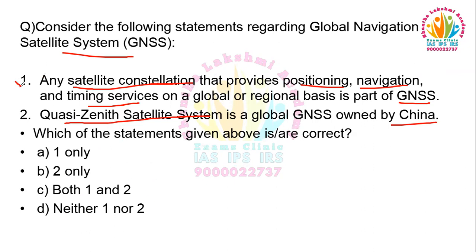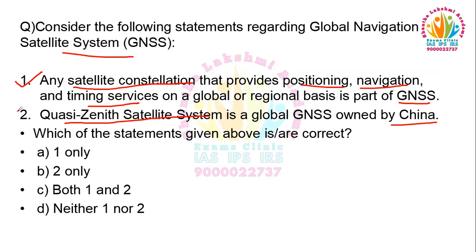Coming to statement 1, it is correct because the global navigation satellite system is a satellite constellation where a group of satellites are placed that will provide position, navigation, and timing services on a global and regional basis to countries which are part of the global navigation satellite system.